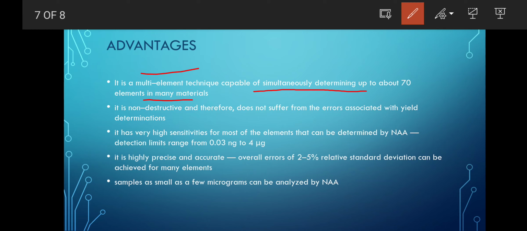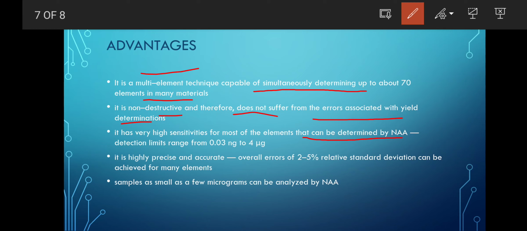It is also non-destructive, and a non-destructive method is the best technique in forensic science, right? It therefore does not suffer from errors associated with destructive determination. We can reuse that particular sample even if we have only a small quantity. It also has very high sensitivity for most of the elements that can be determined by this technique.